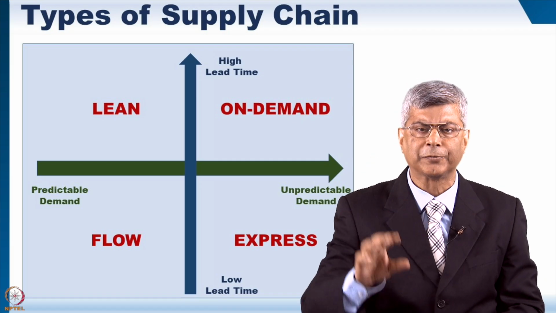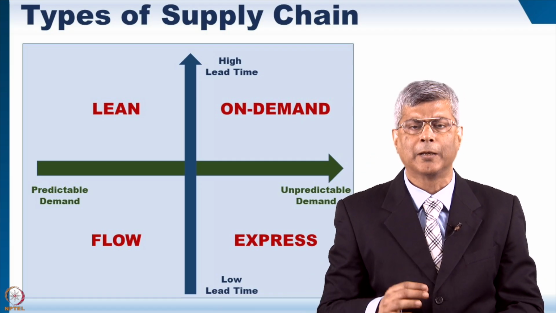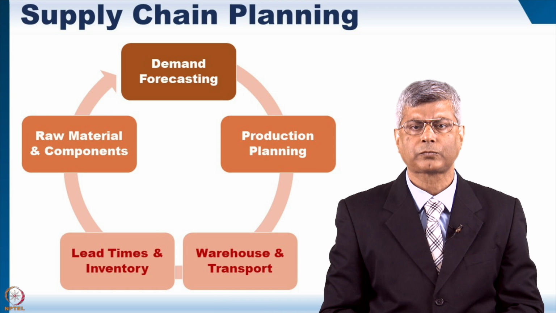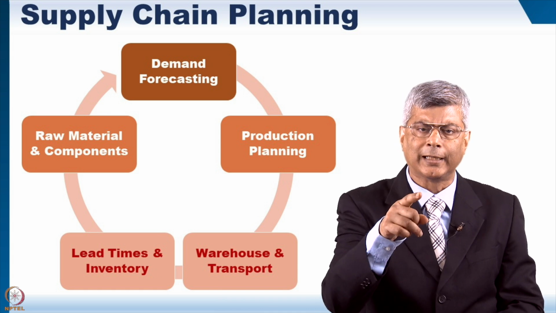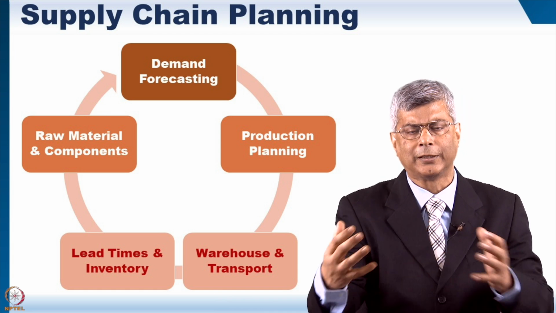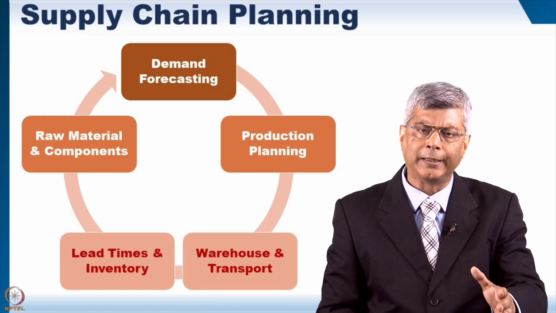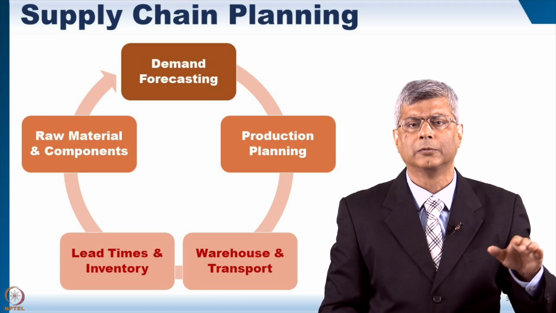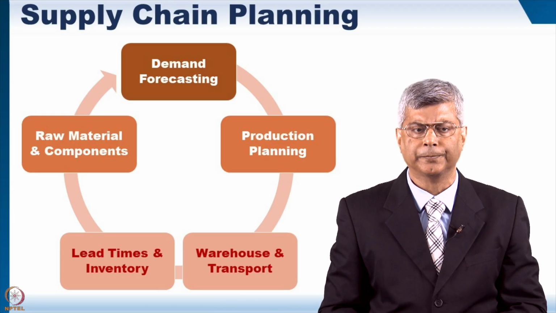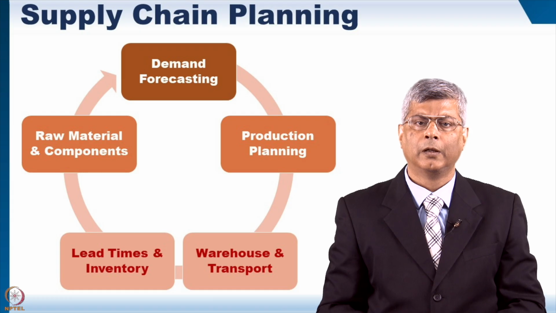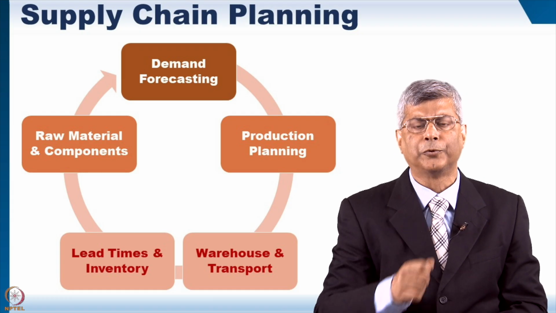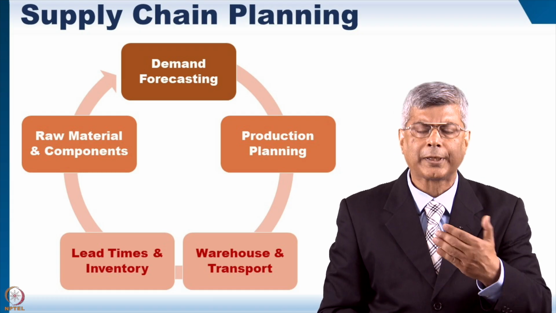So these are the types of supply chain a company can have. And therefore, the next step is you have to plan for the different kinds of supply chain depending on your lead time and your demand predictability. So it starts with demand forecasting. You try to forecast the demand.